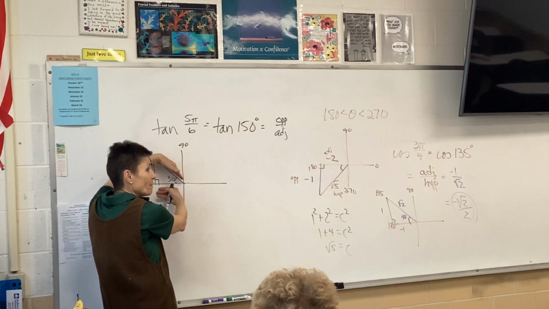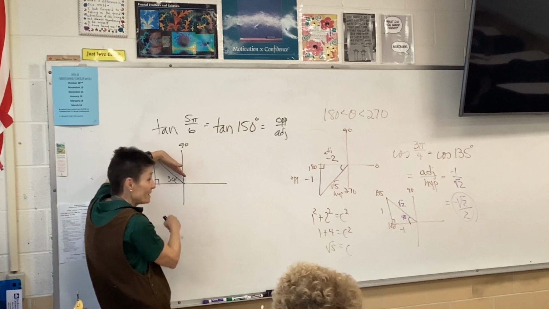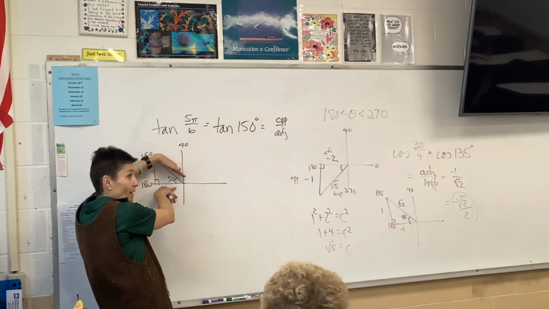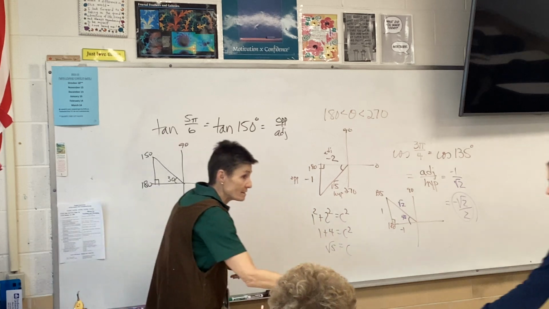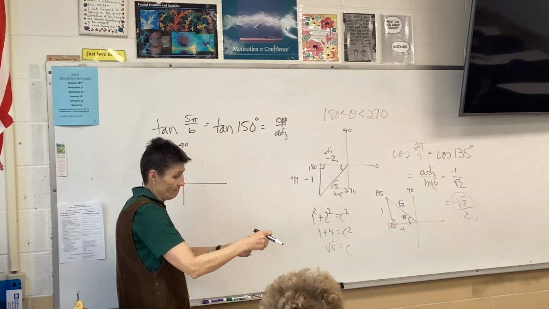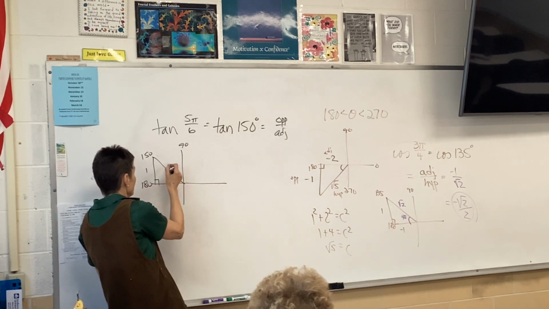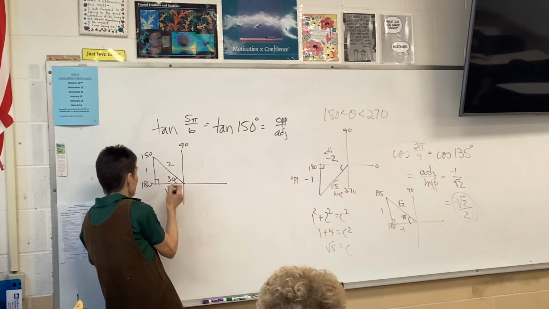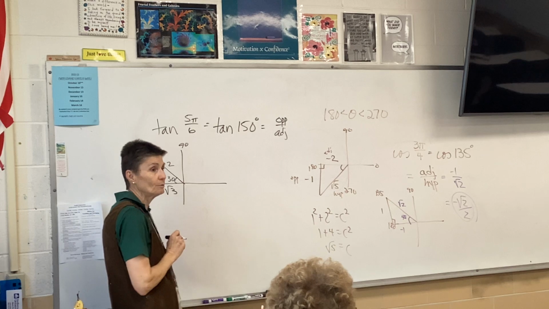Yesterday somebody said, well, what about 90? Who cares about 90? My marker's on 150 and 180, right? So that's a 30, which means that my opposite is 1, my adjacent is -√3, and my hypotenuse is 2.